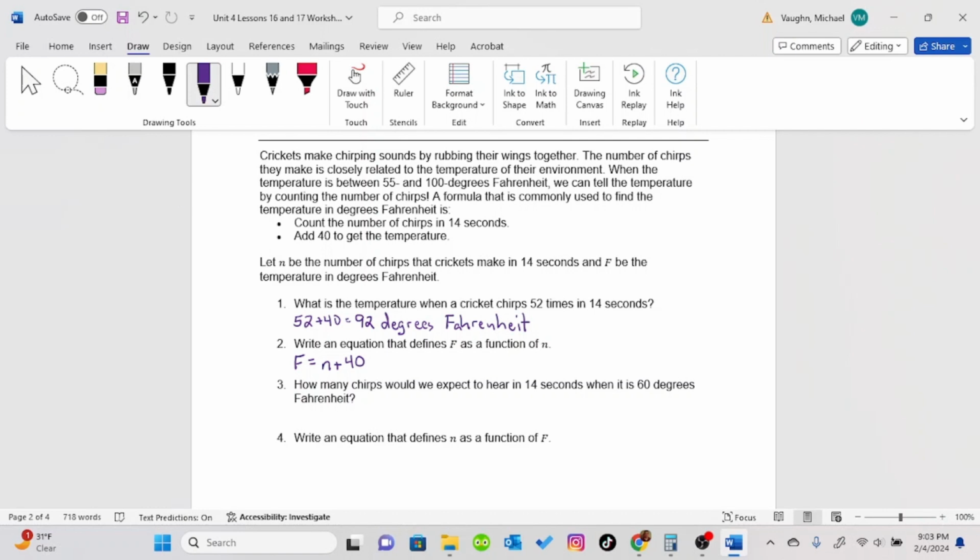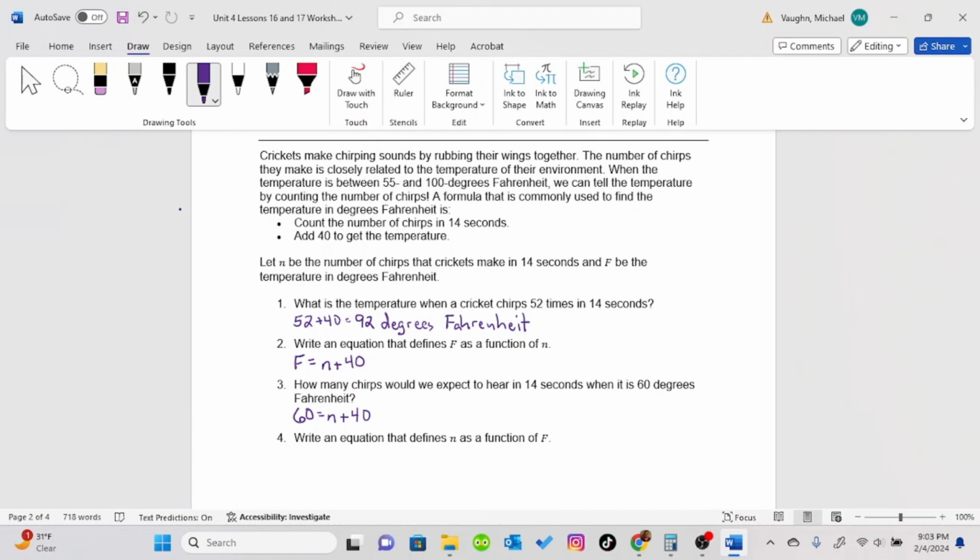Number 3, how many chirps would we expect to hear in 14 seconds when it's 60 degrees Fahrenheit? So now we could substitute 60 in for F, and we said that equals N plus 40.